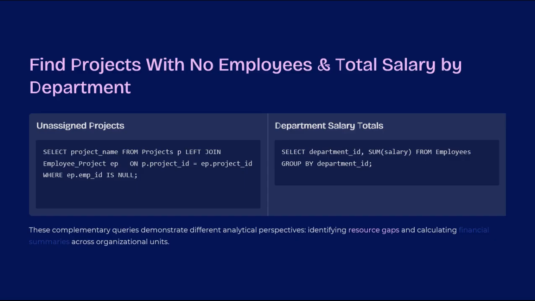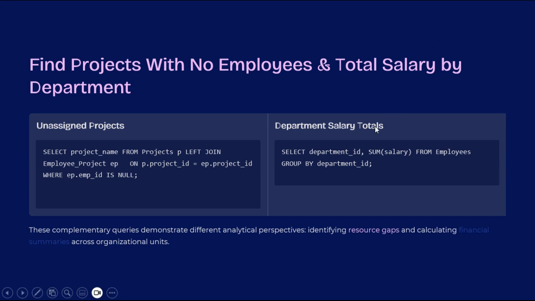Next is find projects with no employees and total salary by department. For unassigned projects: select project_name from projects P left join employee_project EP on p.project_ID is equal to ep.project_ID where ep.employee_ID is null.